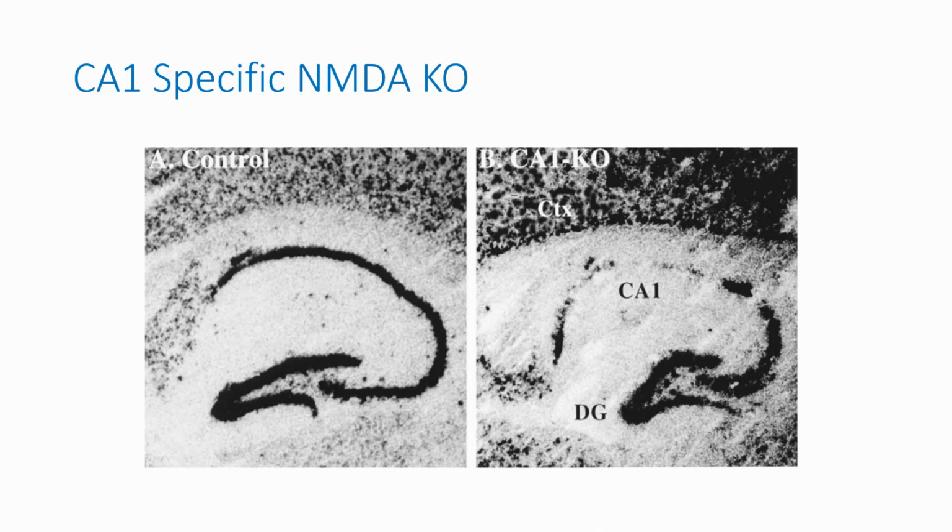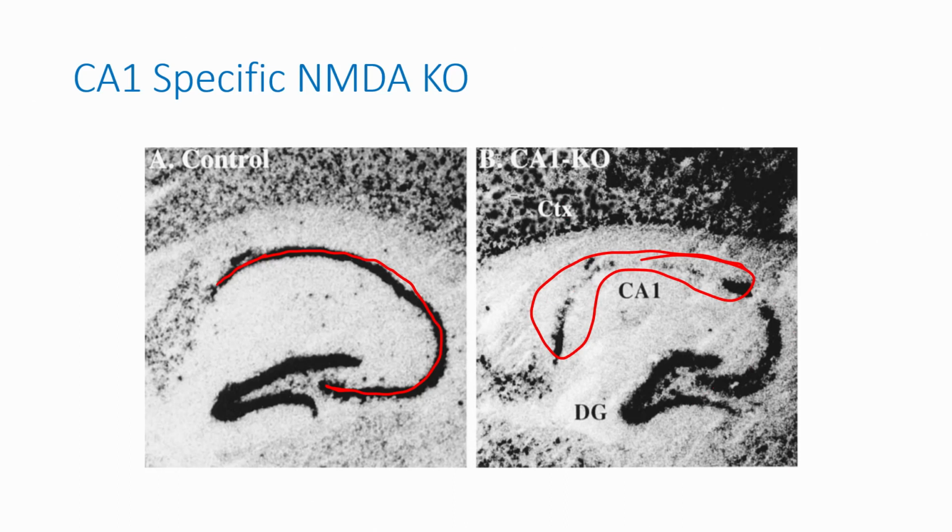The dark lines, the black contrast here, indicate the level of mRNA, and you can clearly see that in the control mice the mRNAs for the NMDA receptors are beautifully expressed and very high, while that is not so in the knockout mice. And it is specific to the CA1 region. You can look at other regions, for example cortex or DG or CA3, and they are all fine, not very different.